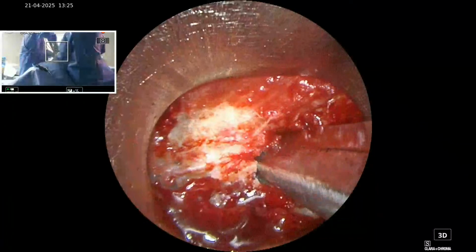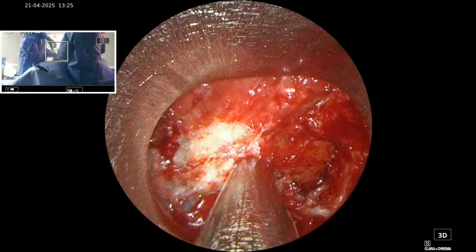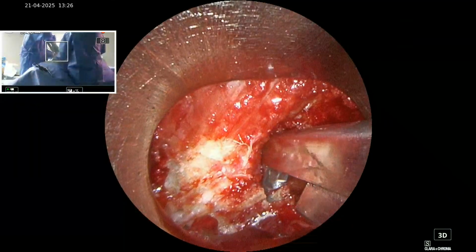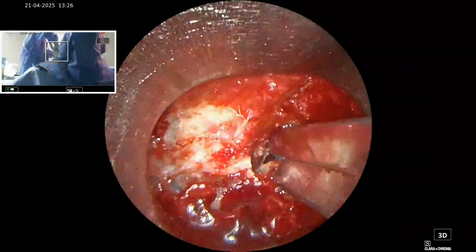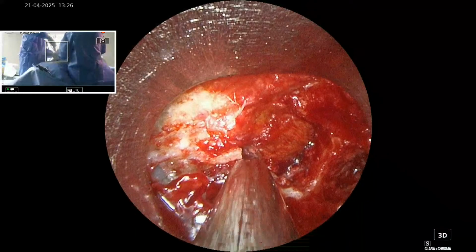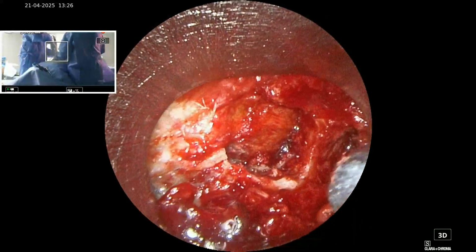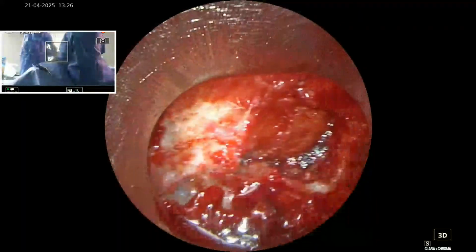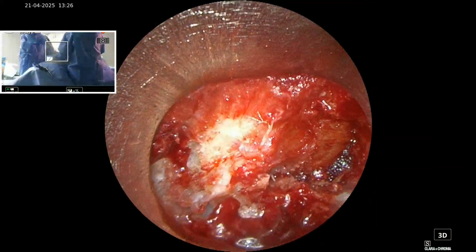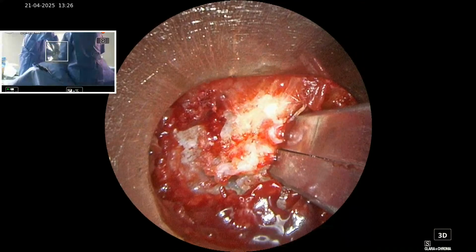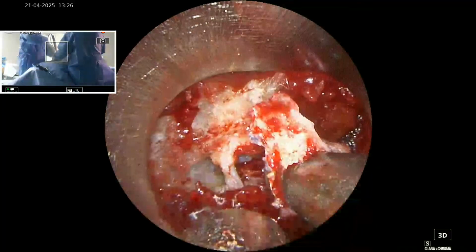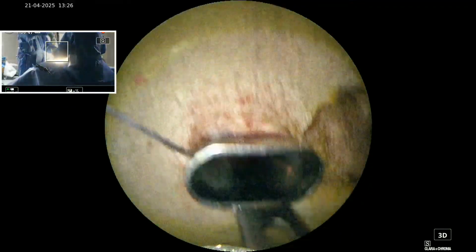Here it is the L5 vertebra. This is hypertrophic, so we have to remove the hypertrophic portions of the SAP. These are osteophytes.